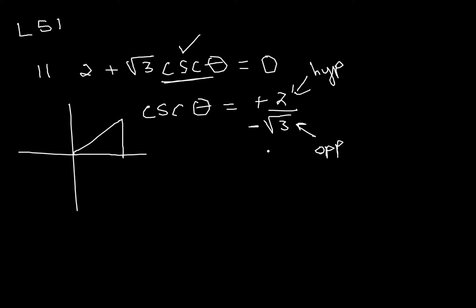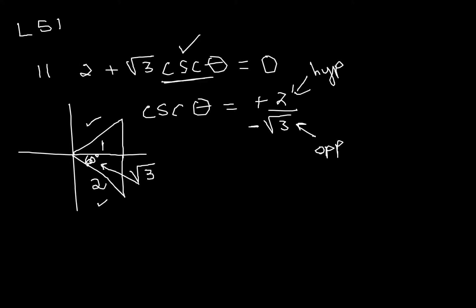That means your opposite is going to be negative, so it's going to be down in this quadrant down here. So the opposite is going to be the square root of 3, and the hypotenuse is going to be 2. So what's this angle going to be? Which angle is across from the square root of 3? 60. Okay, because it's sine, it's in this quadrant or this quadrant.